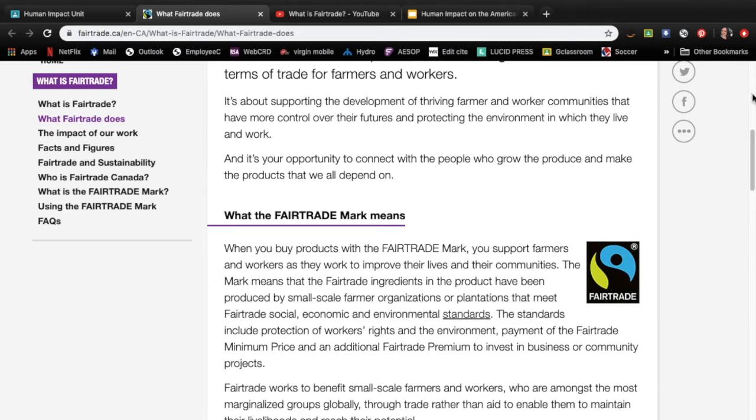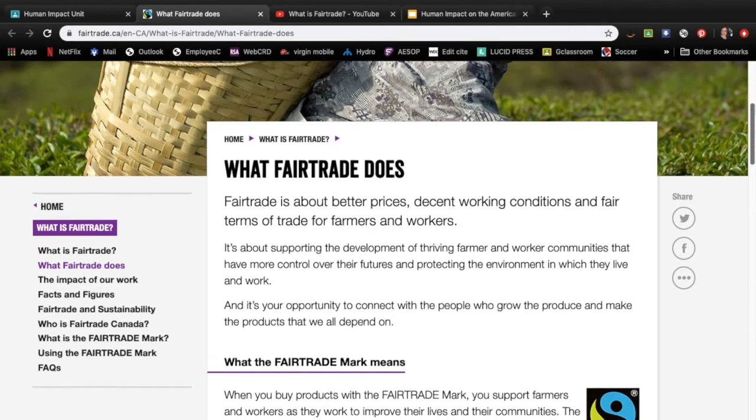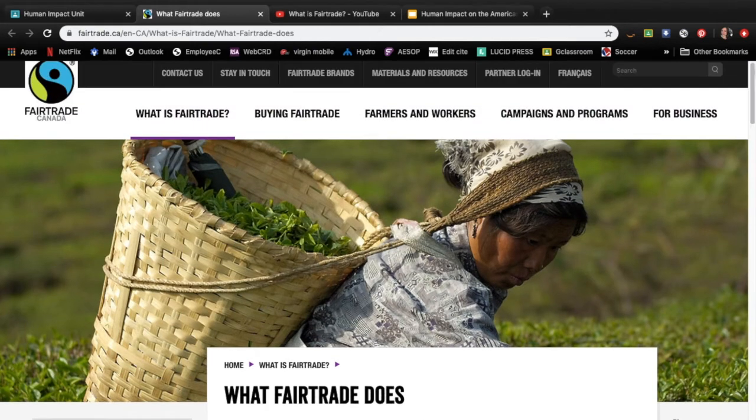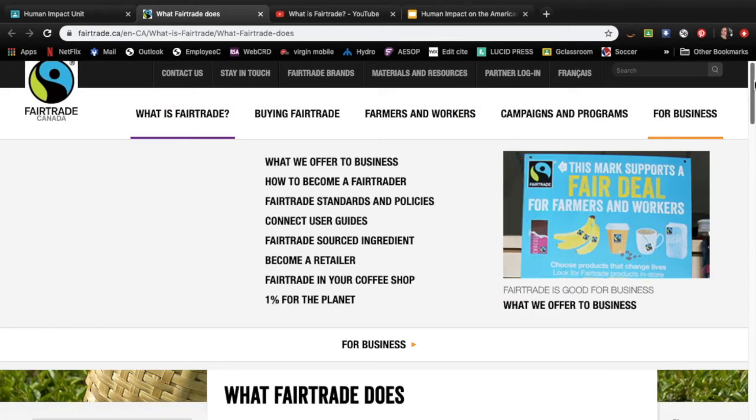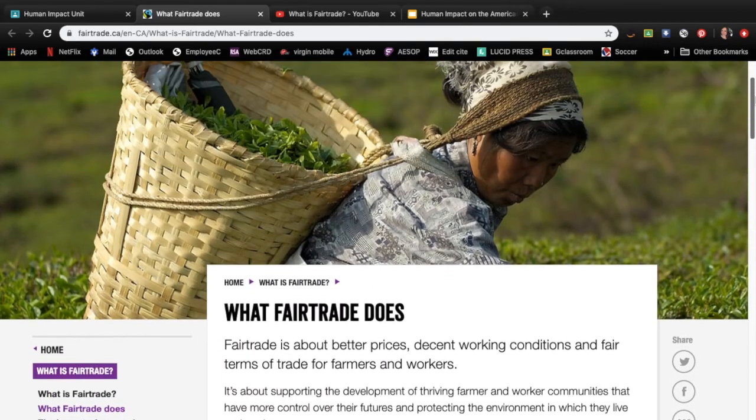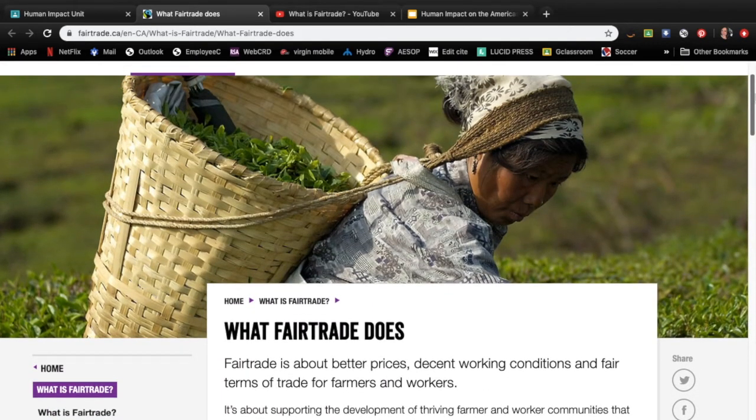A common example of this that fair trade uses is coffee. It cost me maybe $20 to buy a nice package of coffee from Starbucks, whereas the workers who are picking the coffee beans and making this product for me may only get $1 or 50 cents or 10 cents of the money that I use to buy that product.